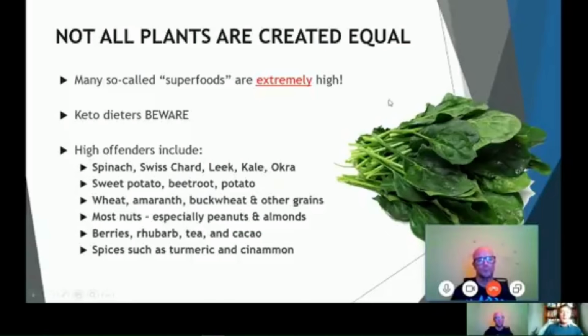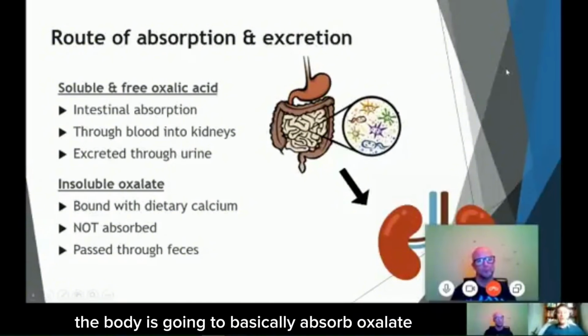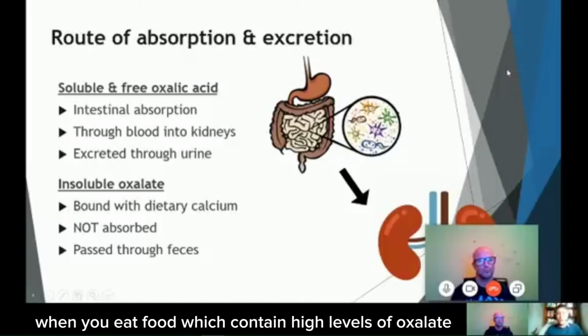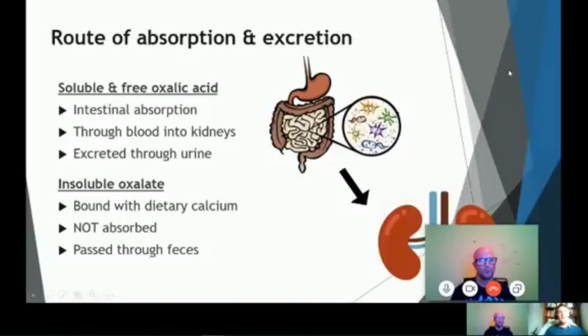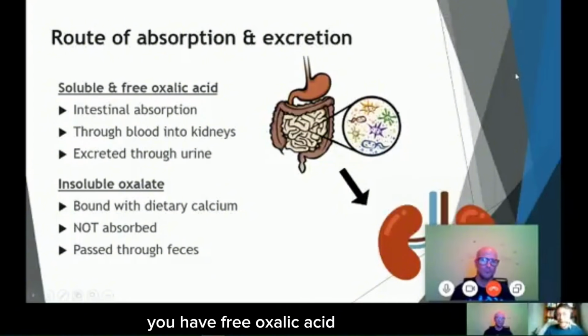Okay. And so if we're looking at how the body is going to absorb oxalate, when you eat foods which contain high levels of oxalate, in plants, just to give an overview, you have free oxalic acid, soluble oxalate, and insoluble oxalate.